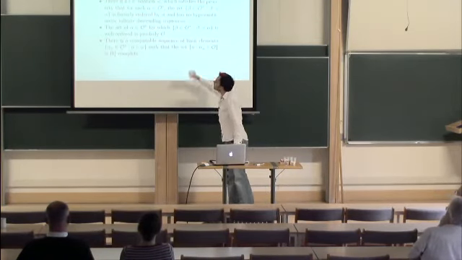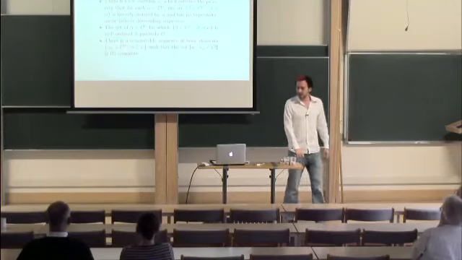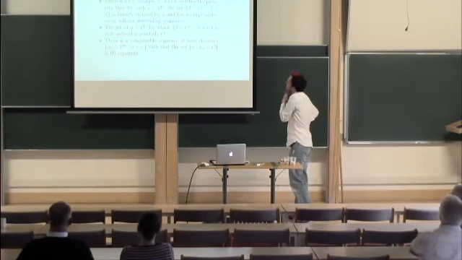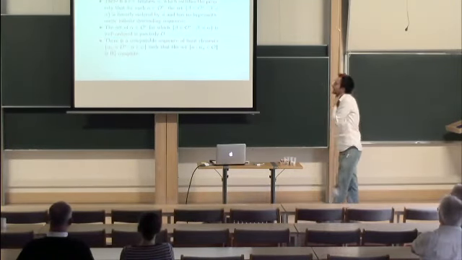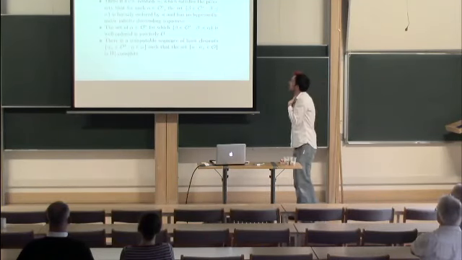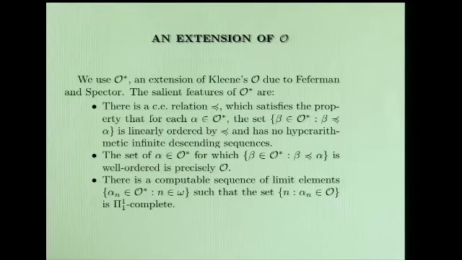One of the important points is the last one here: there's a computable sequence of elements alpha_n in O star such that the set of n with alpha_n in O is pi 1 1 complete. So for any pi 1 1 set S, we can get a computable function which, given any n, will produce something in O if n is in S, and something in O star not in O if n is not in S.